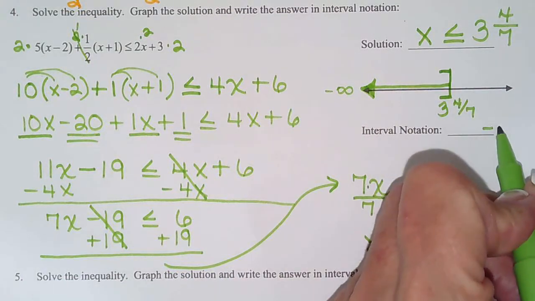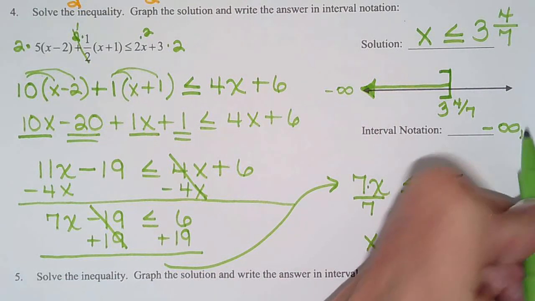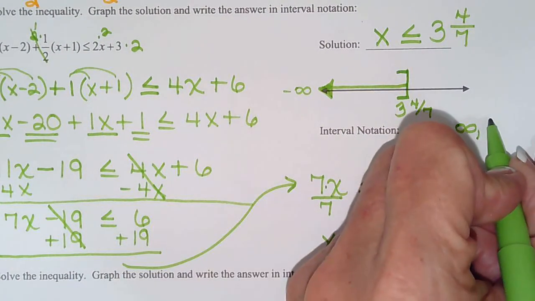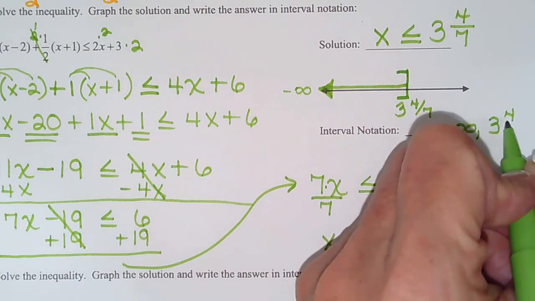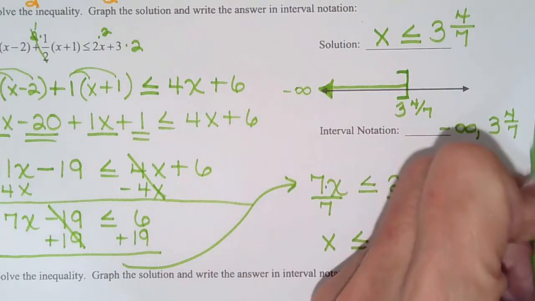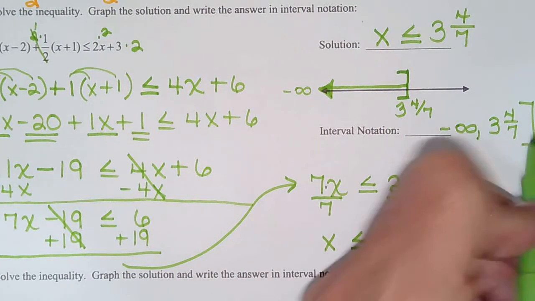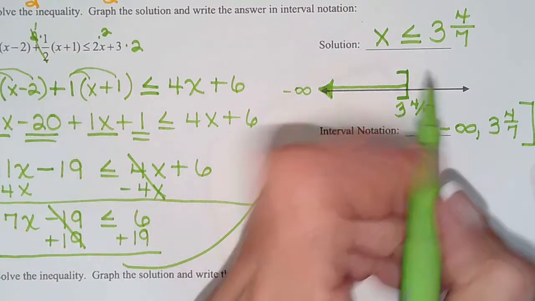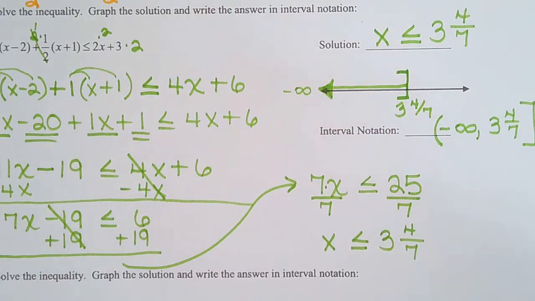So negative infinity is first. 3 4/7 is second. 3 4/7 has a bracket because of the equal sign in the original problem. And infinities always get a parenthesis. And there you have it.